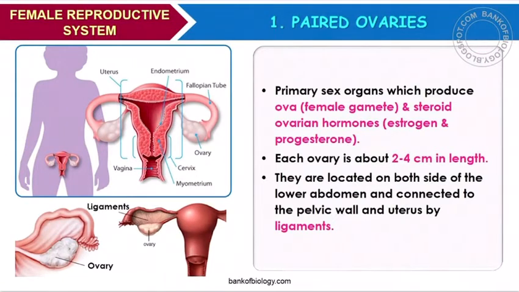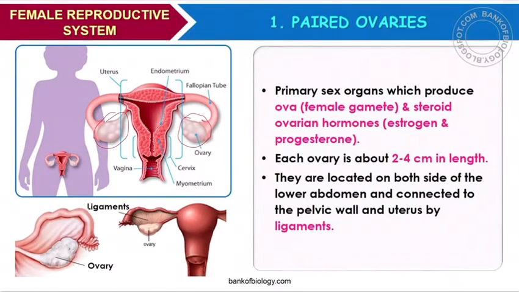Starting with the gonads, the female reproductive organs, the ovaries. As we said, there is a pair of ovaries, one on the right side and one on the left side.